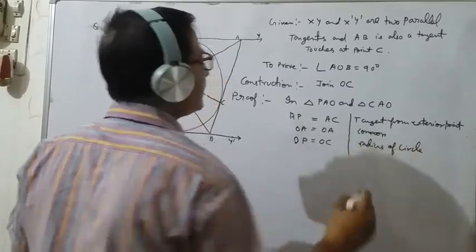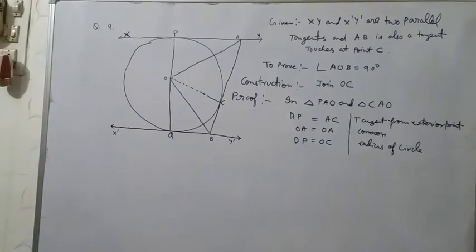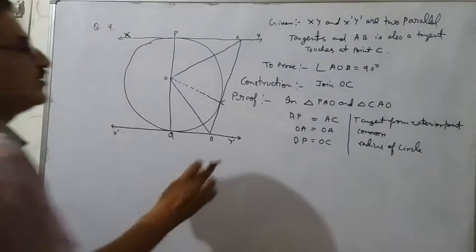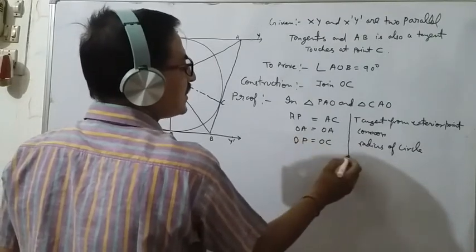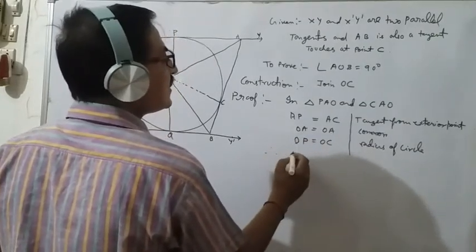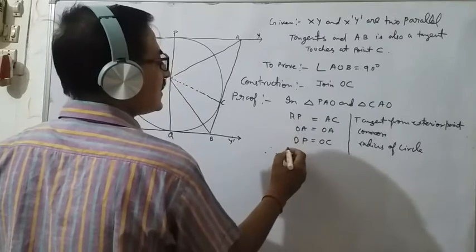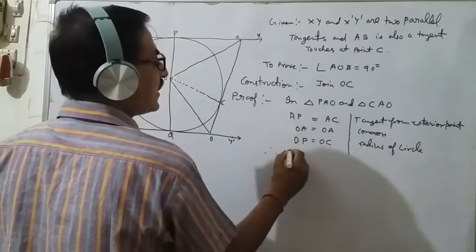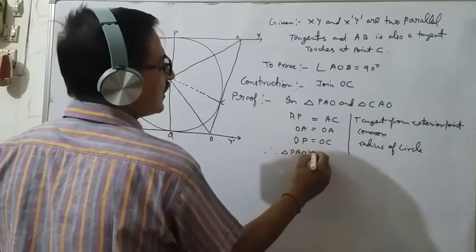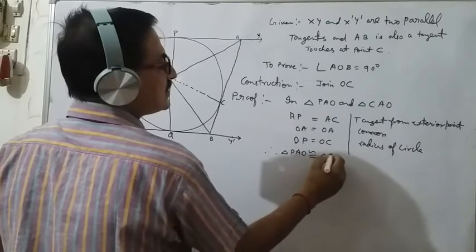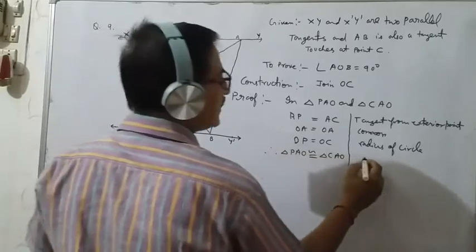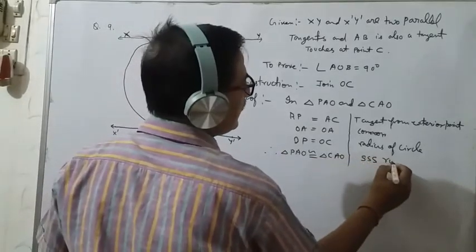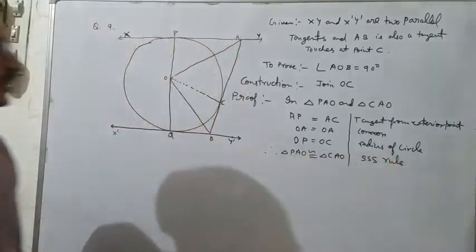So we have got three things: AP equals AC, OA equals OA which is common, and OP equals OC. Therefore the three sides are equal, so triangle PAO is congruent to triangle CAO by the SSS rule.